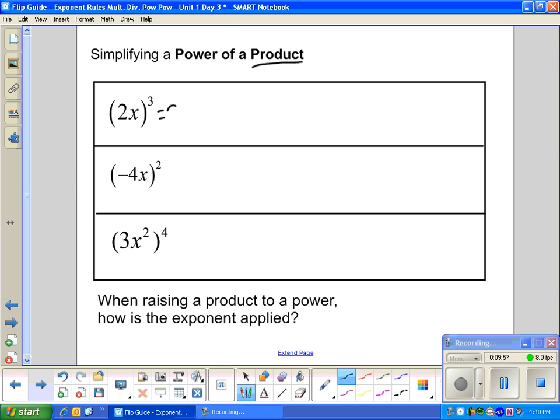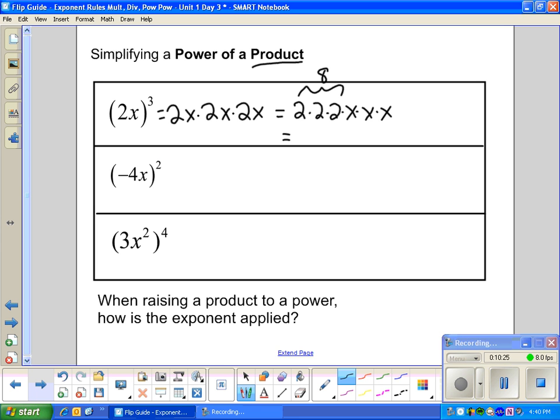So this is going to be 2x times 2x times 2x, which I'll rearrange so that my coefficients are together. That'll give me 2 times 2 times 2 times x times x times x. Right now, I know in your head you probably want to change this to 8 because 2 times 2 times 2 is 8. But just to demonstrate this property, I want to show you the step that goes in between.